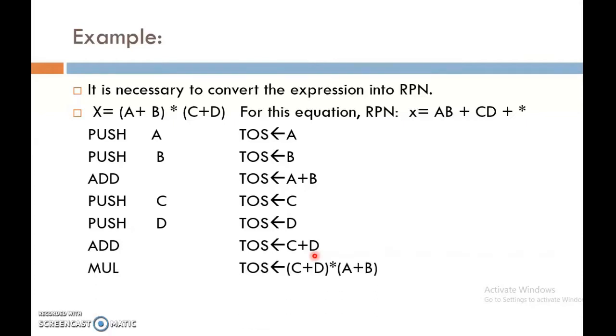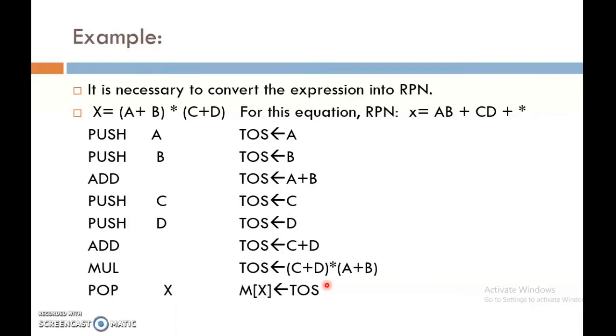Then whatever topmost elements are now in our stack would be the addition of C and D as well as A and B, right? So we will perform the multiplication, that is our next symbol, into the RPN. So we will perform the multiplication on the two topmost elements of the stack, and again the answer will be stored onto the top of the stack, right?